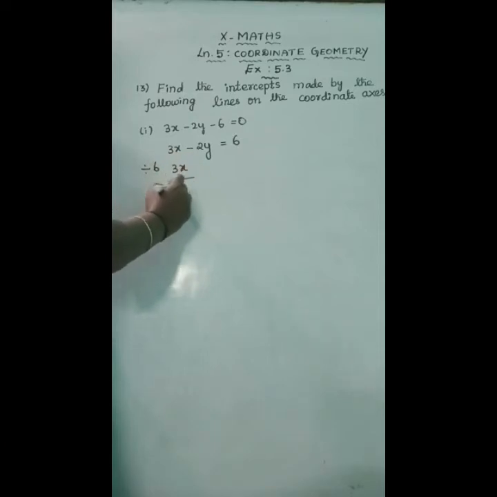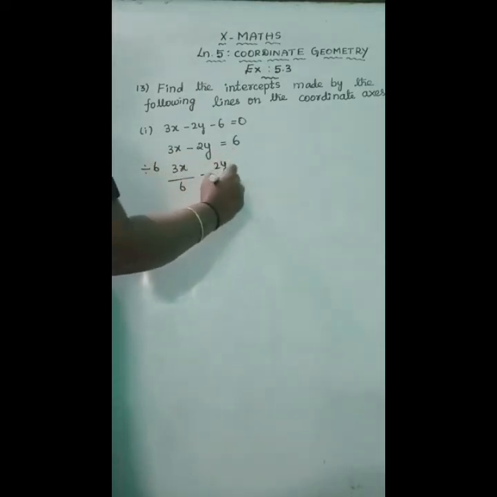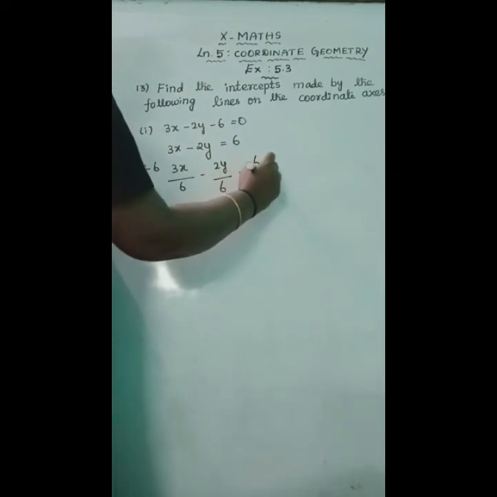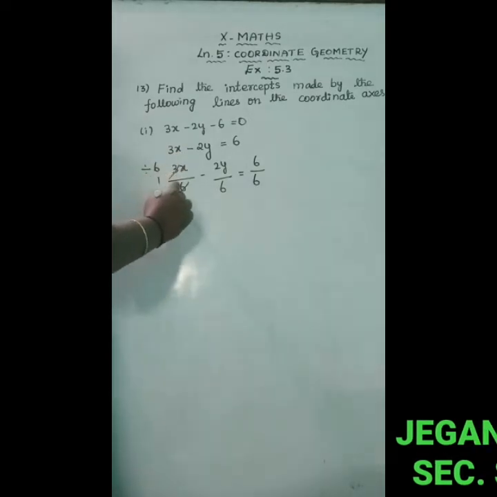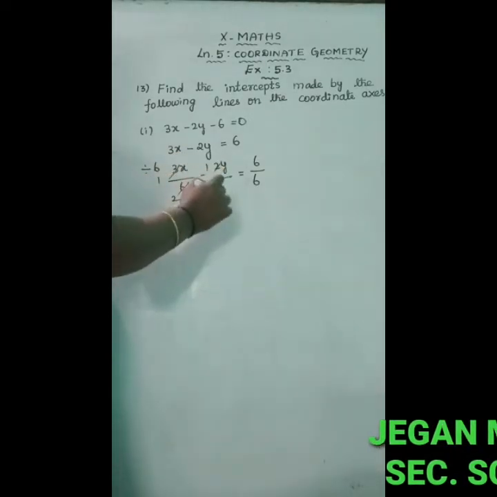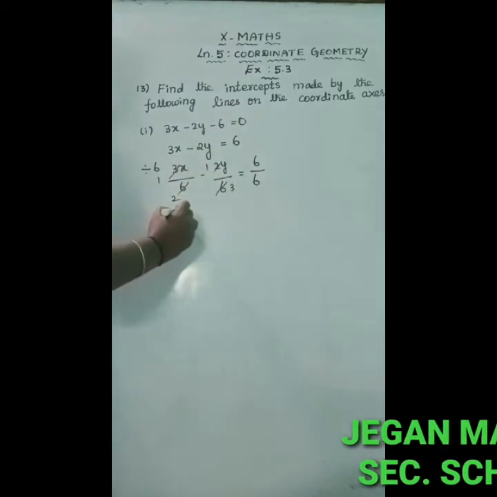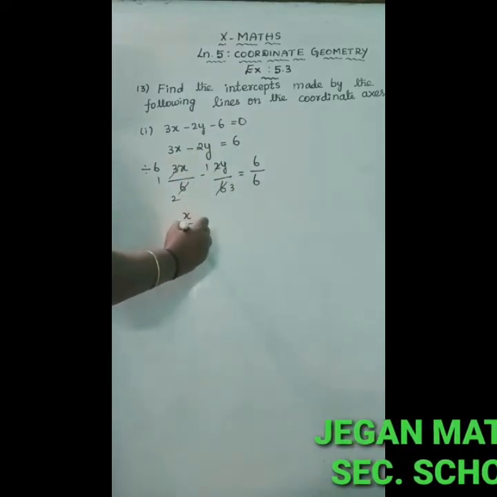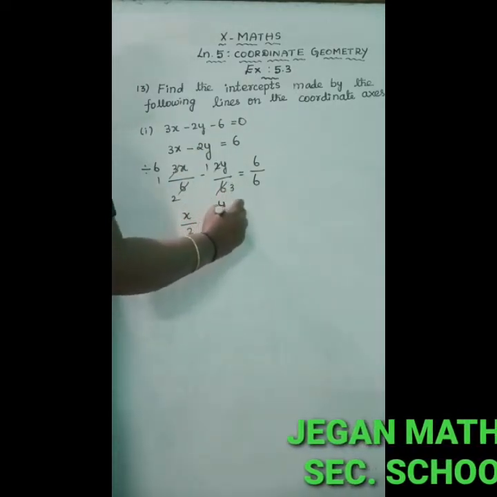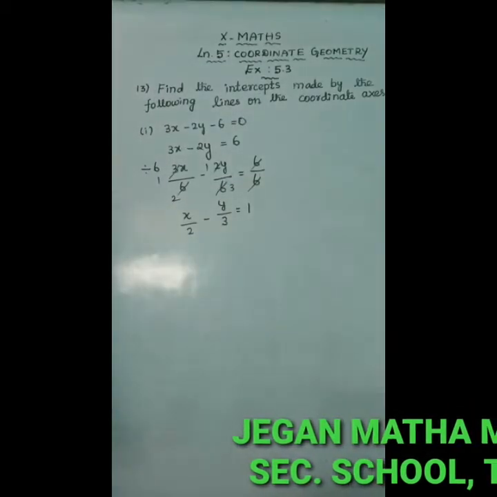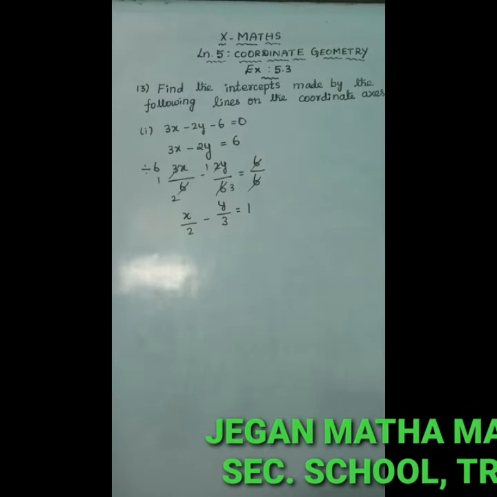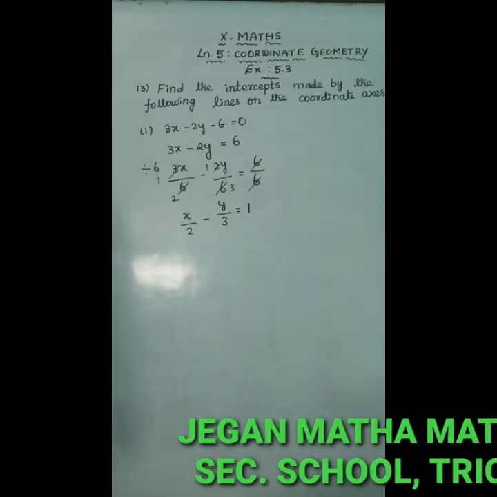Then 3x divided by 6 minus 2y divided by 6 is equal to 6 divided by 6. So here simplify using the 3 table and 2 table. So x divided by 2 minus y divided by 3 is equal to 1.